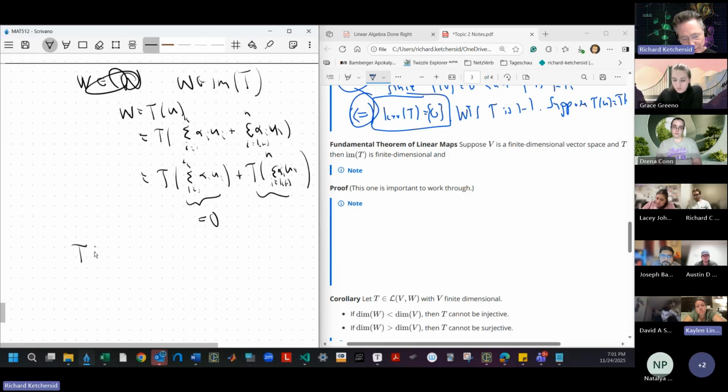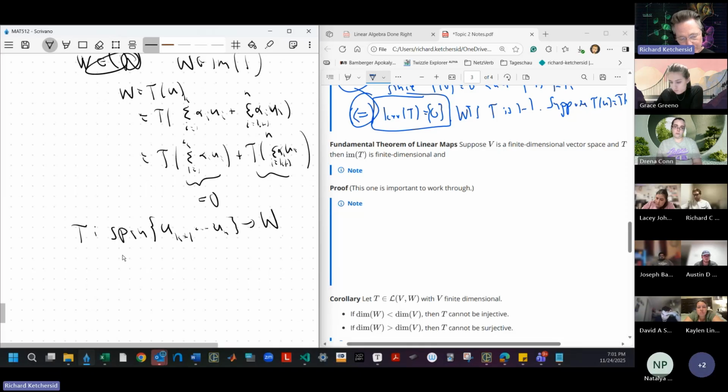So T goes from the span of these guys to W, and in fact, it covers all the image. It picks up the entire image when I do that, because that's what we just proved here.